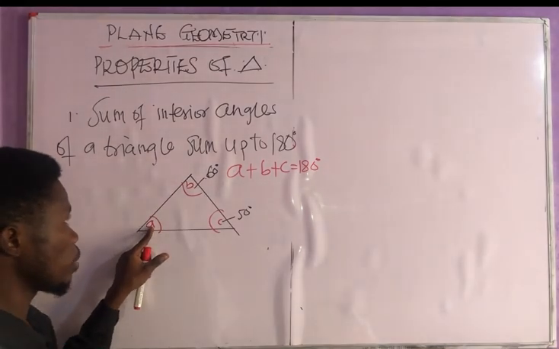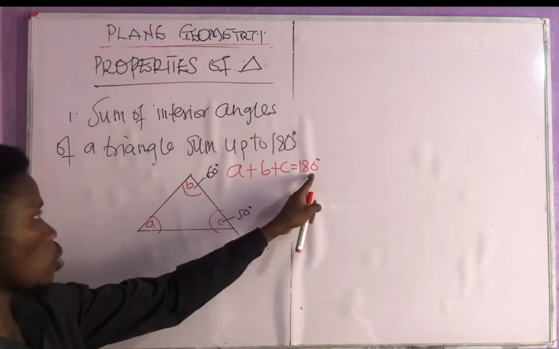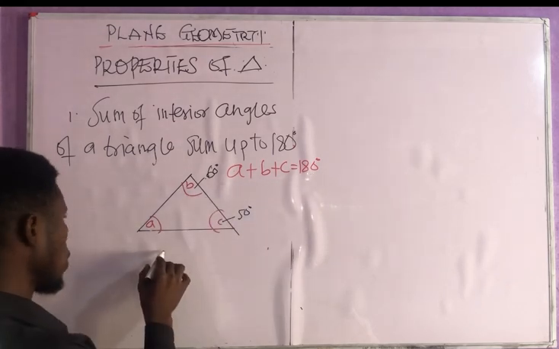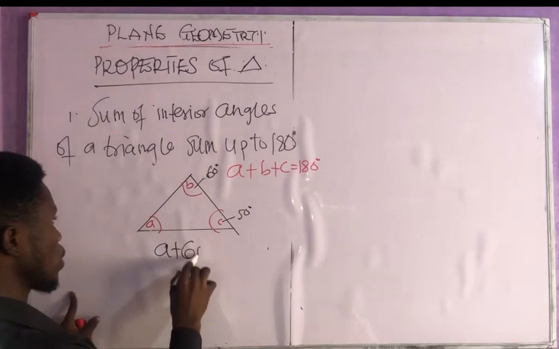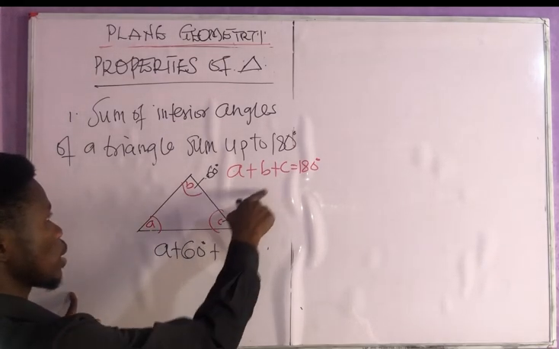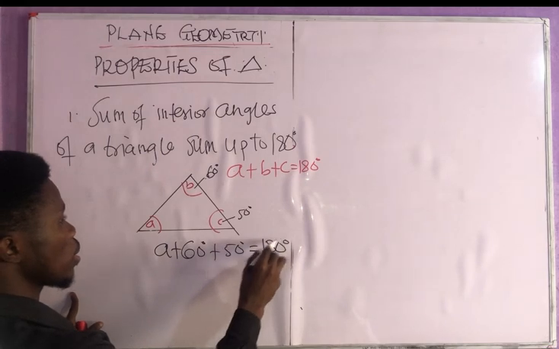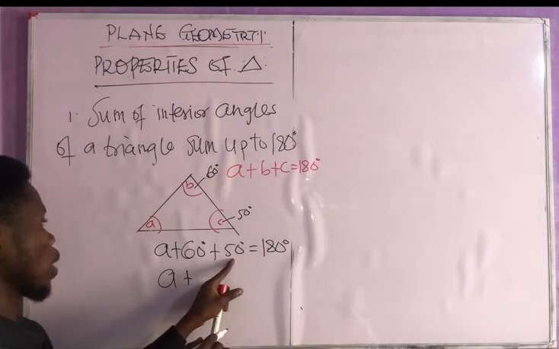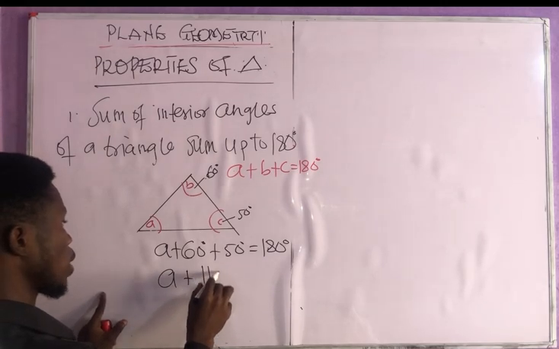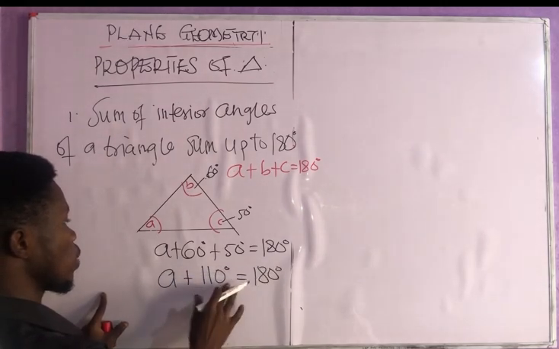How do you get A? We are saying that when you add these, you get 180. Meaning, if I have A plus B, which is now 60 degrees, plus C, which is 50 degrees, you should get 180 degrees. So A plus 60 plus 50, which is 110 degrees, equals 180 degrees.